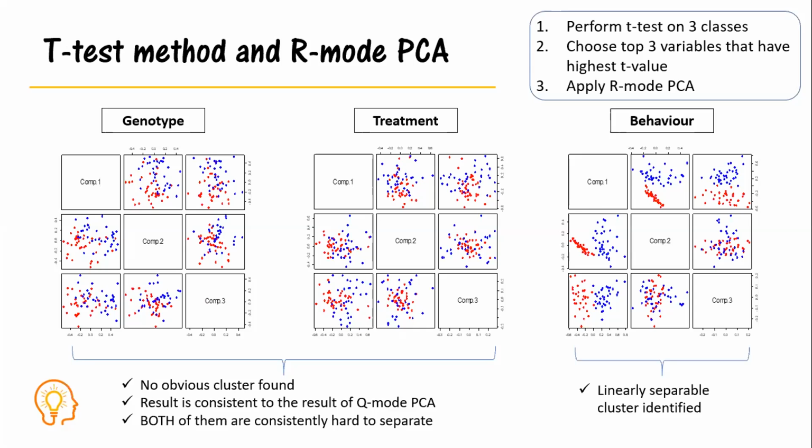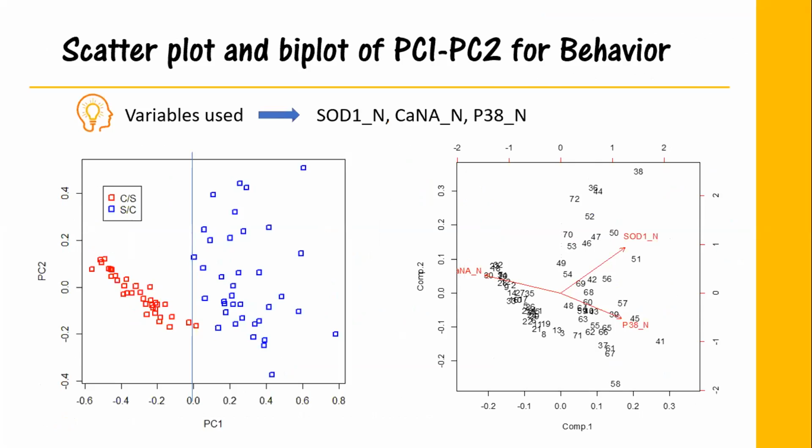And for the plot of the behavior, we can see that the clusters are perfectly separable. Then we will look quickly at the scatter plot and biplot of PC1 and PC2 for behavior.